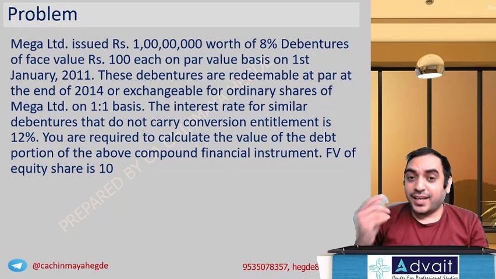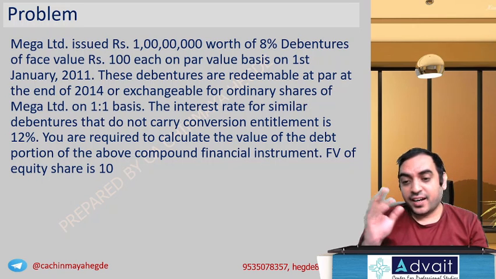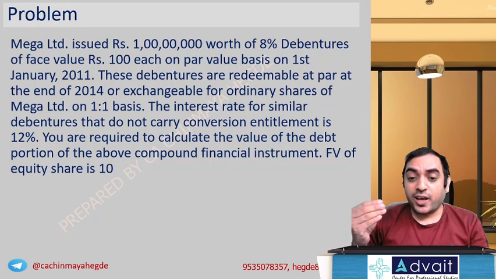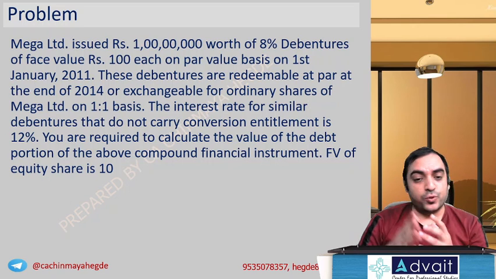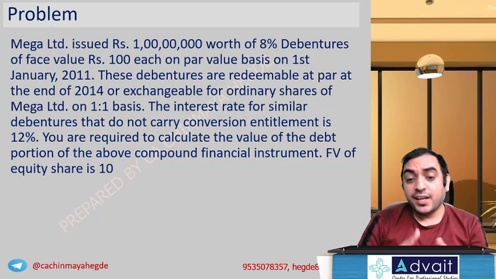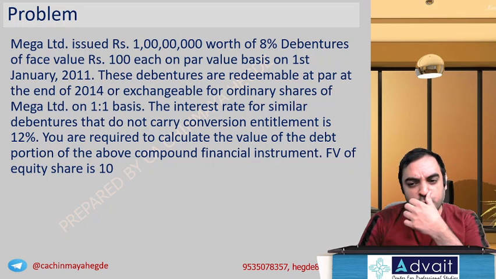Let's read this. Mega Limited issued rupees 1 crore worth of 8% debentures of the face value 100 each at par value basis on 1st January 2011. These debentures are redeemable at par at the end of 2014 or exchangeable for ordinary shares of Mega Limited on 1:1 basis. What is 1:1 basis?